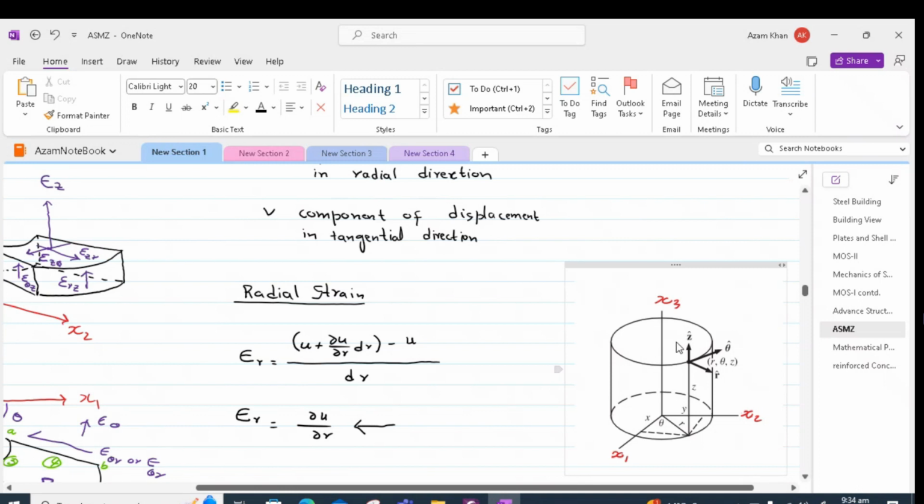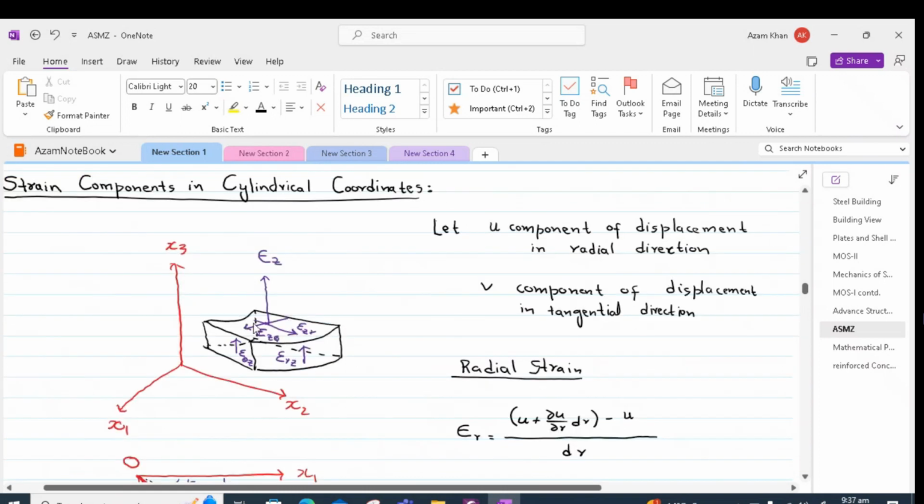After deformation, the elements in the r theta region can displace easily. So if we assume we have a circular plate whose thickness is in the x3 direction, or the z direction, the elements have a tendency to deform more in the theta direction as compared to the deformation in the r direction or in the z direction.